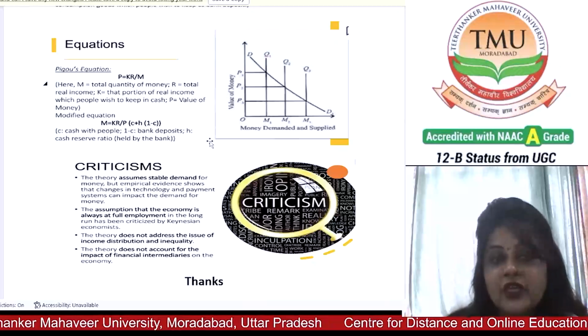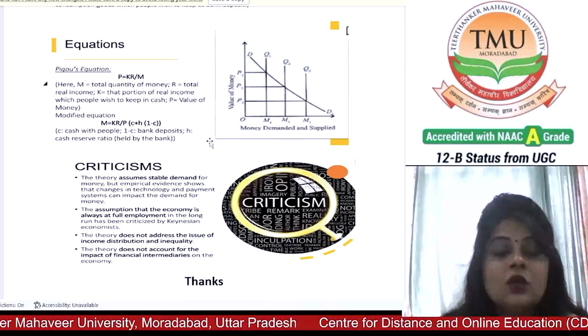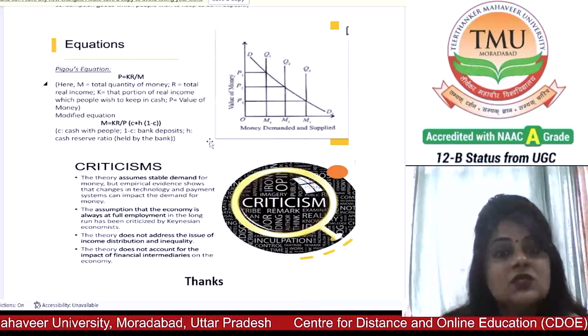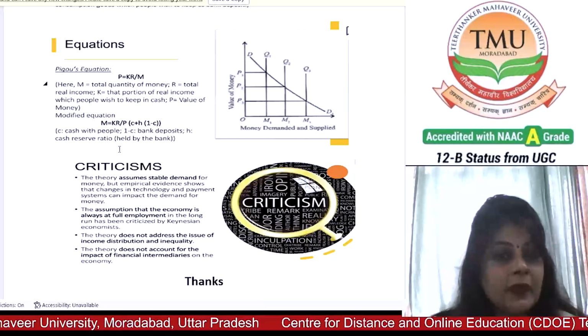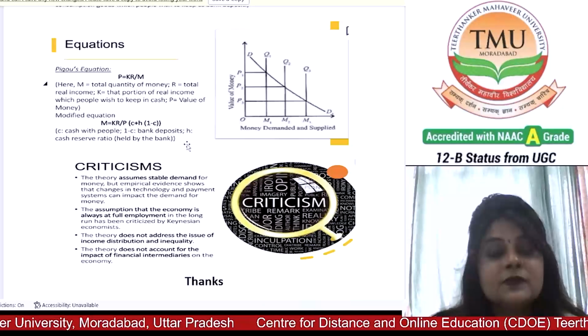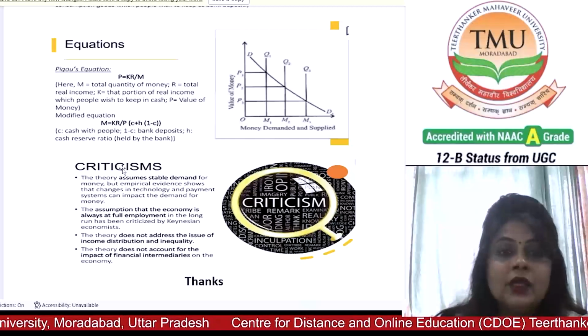He also modifies the equation: M is equal to KR upon P, multiplied by C plus H into 1 minus C, where C is cash with people, 1 minus C is bank deposits, and H is the cash reserve ratio held by the bank.